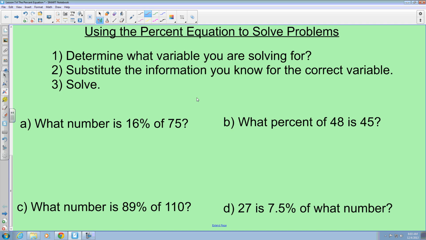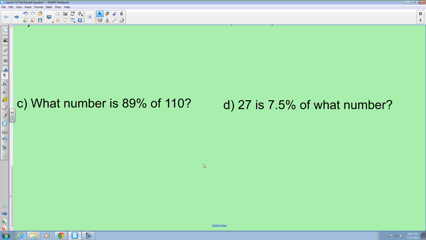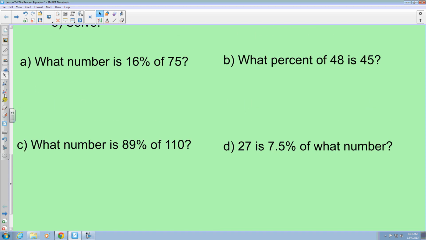So for example A, I have: what number is 16% of 75? Right off the bat, they give us a percent, so I know I'm going to write 16 over 100, and it's going to equal x over 75.